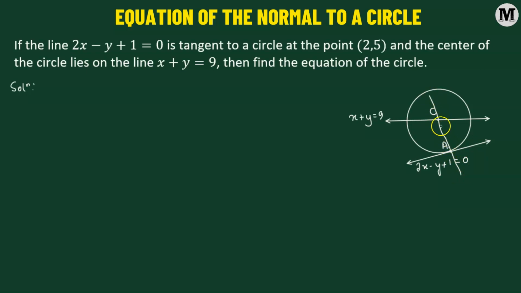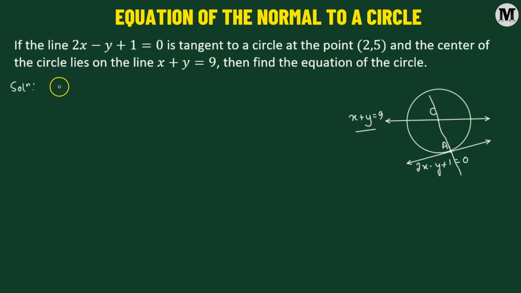The normal line intersects the line x plus y equals 9. We can solve the two equations to find the common intersection point, and that's going to give us the coordinates of the center. Okay, let us begin.